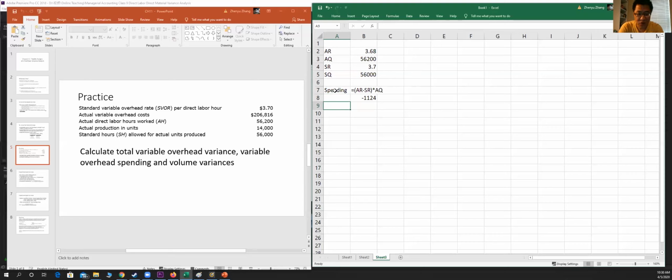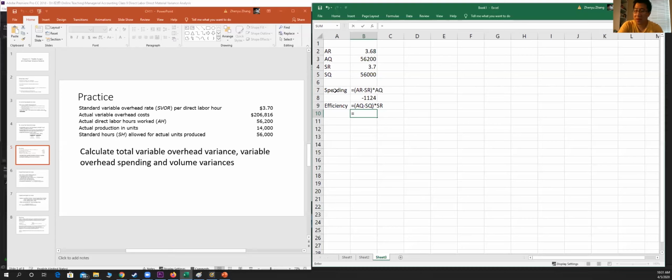So what is efficiency variance? Efficiency variance is based on how much material we use compared to what is supposed to be used. So for efficiency, what we do is we have actual quantity, subtract standard quantity, and multiply with standard rate.